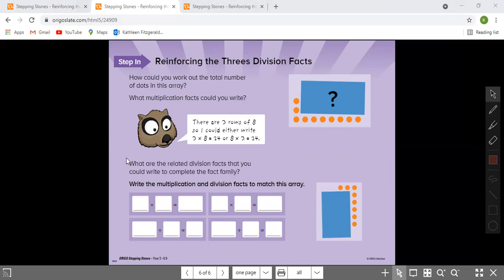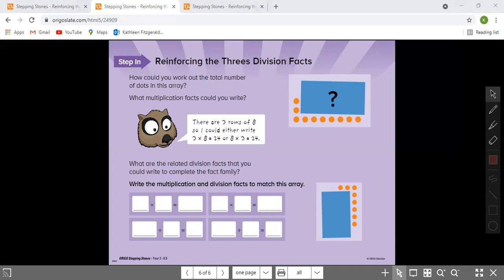And then we've got our division families. So we have got something divided by 3 equals 8. And we know from our multiplication facts that this will be 24 divided by 3 equals 8. And 24 divided by 8 equals 3.